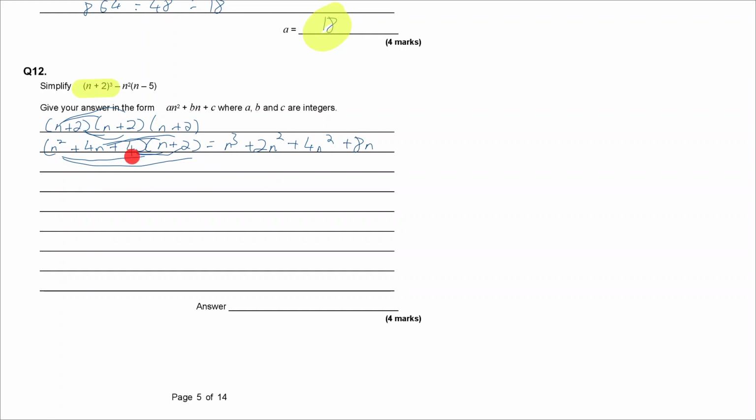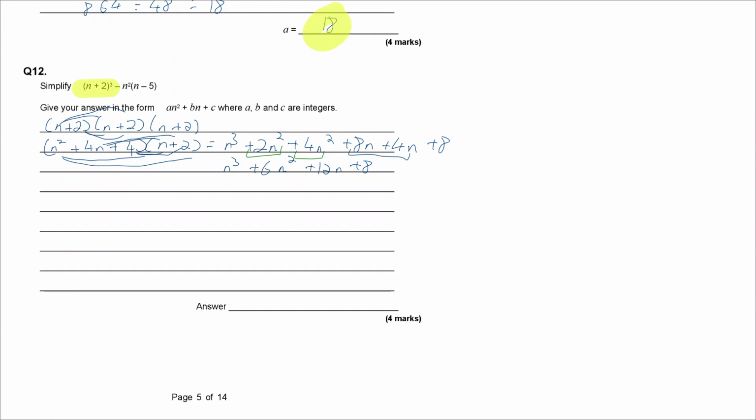Then the 4 times the n, which is plus 4n, and the 4 times the 2, which is plus 8. And I can collect up some like terms here. I've got 2n² and 4n², so overall I can bring this together to give me n³ plus 6n² plus 12n, and plus 8 on the end.